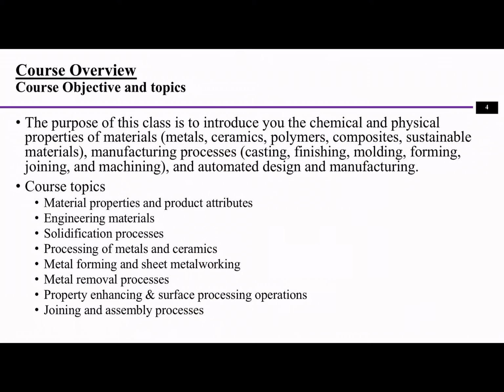All right. Next, a little bit about the course objective and topics. The purpose of the class is to introduce you to the chemical and physical properties of materials: metals, ceramics, glass, polymers, composites, and also some other sustainable materials, and also manufacturing processes, right?